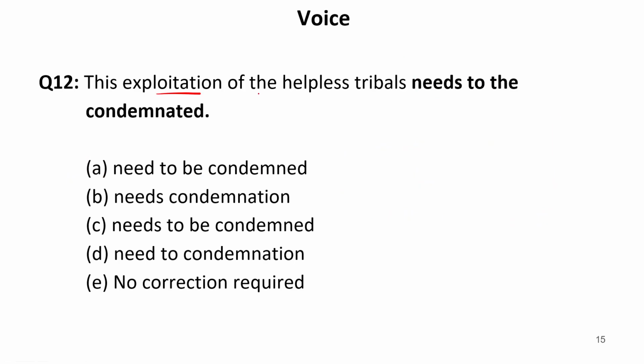The exploitation of the helpless tribals leads to the condemned. Again, this is incorrect. If it is written needs to, now what? This exploitation of the helpless tribals needs to be condemned. It means they should be punished. They should be criticized. So this condemned first word is incorrect.